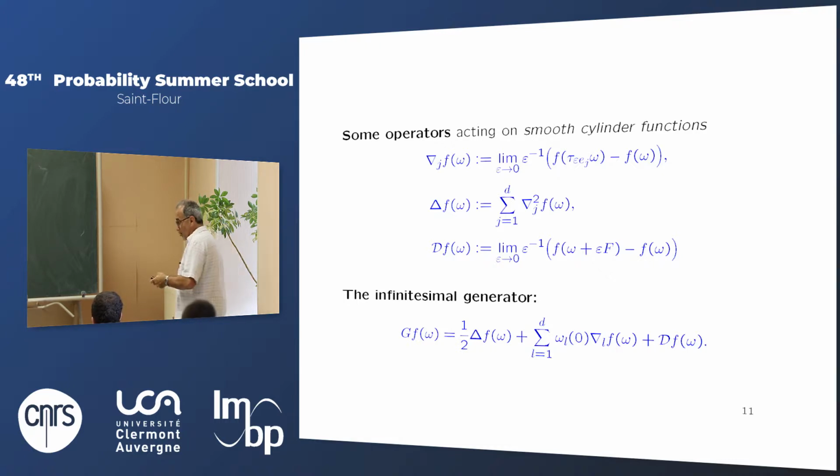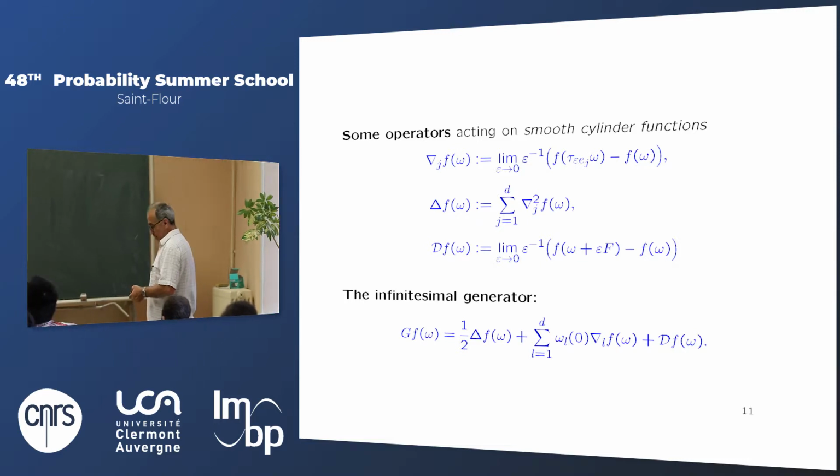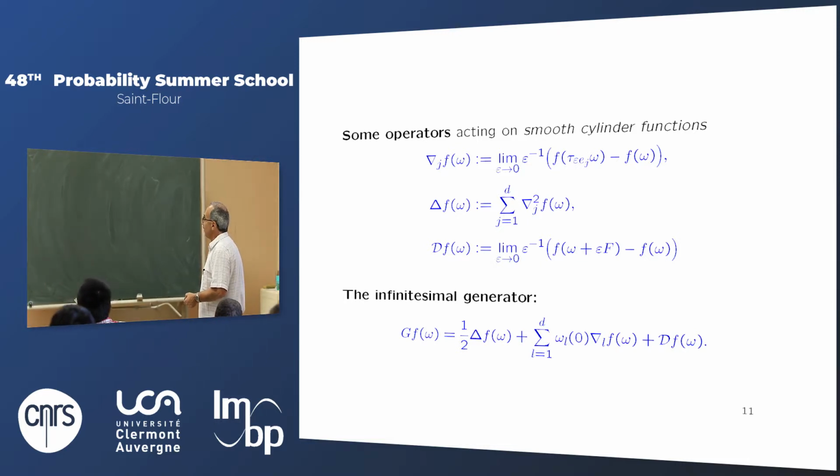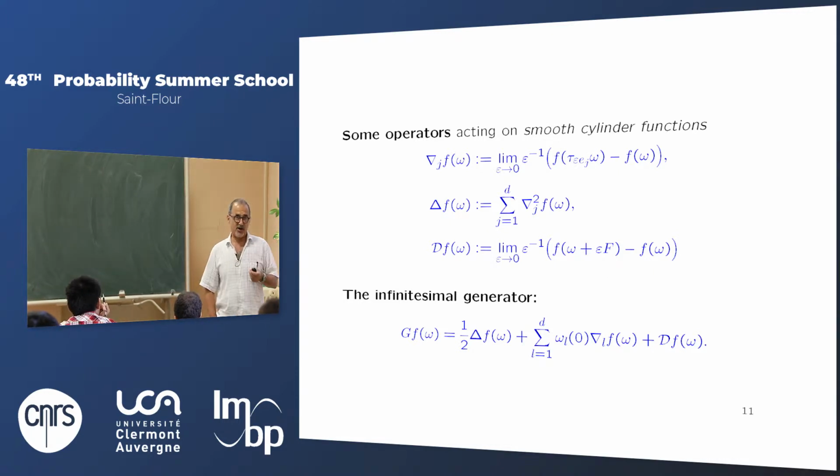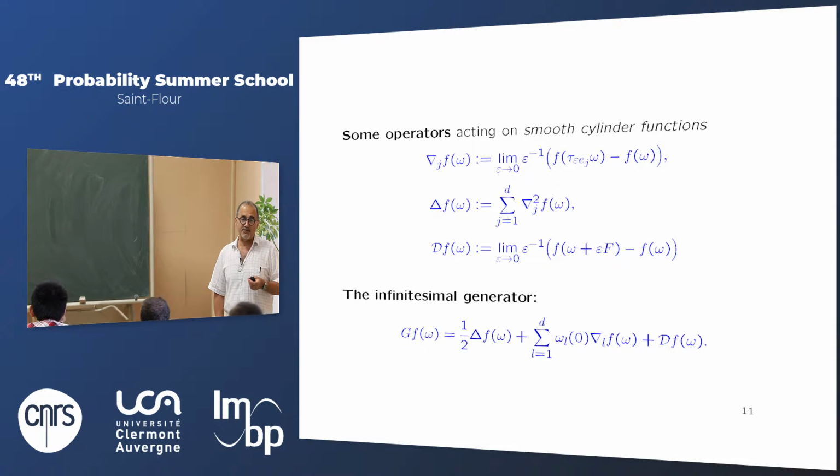Now on these functions, I can define clearly and easily the following operators, namely a sort of a gradient, which means the following. By the way, I didn't emphasize something which I should have, that on this space, shifts are well defined. I mean spatial shifts.